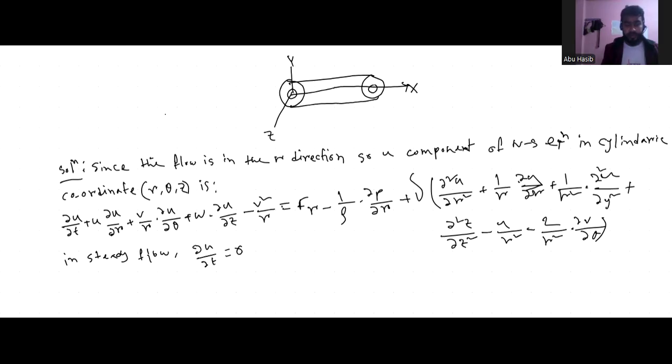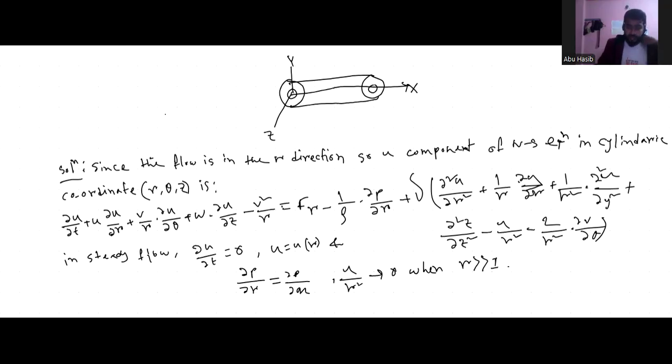Then u is equal to u of r, and del p by del r is equal to del p by del x, and v by r squared tends to 0 when r is greater than 1. Okay.